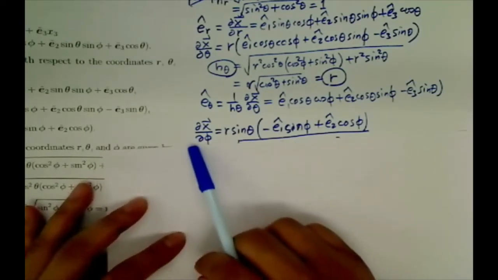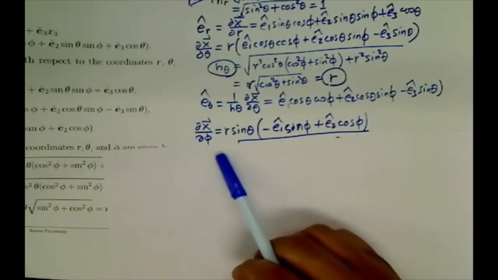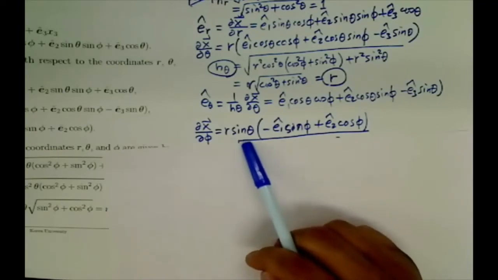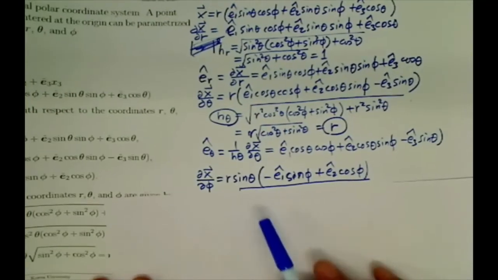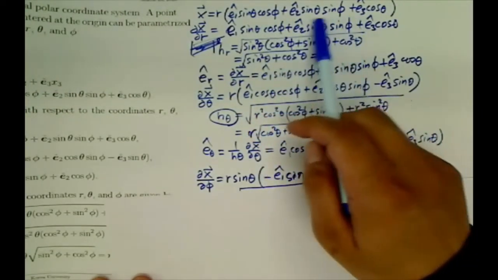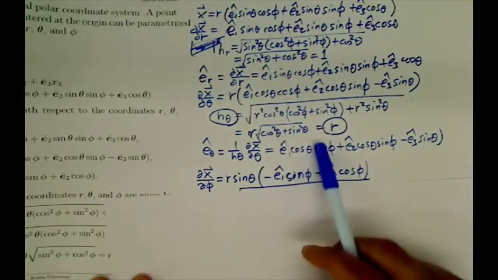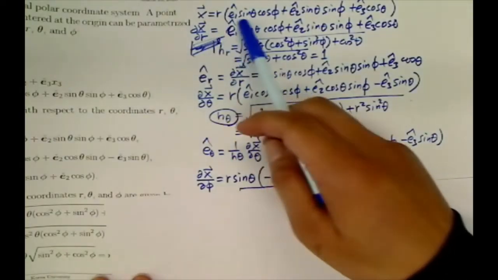Finally, we compute the phi dependence. If I take the partial derivative with respect to phi, the phi dependence has only two terms. Cosine becomes minus sine, and sine becomes cosine phi. The overall factor is r sine theta.